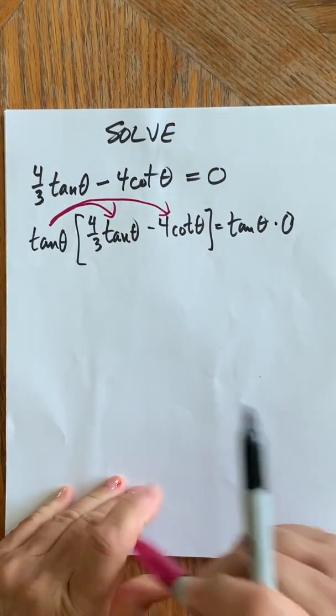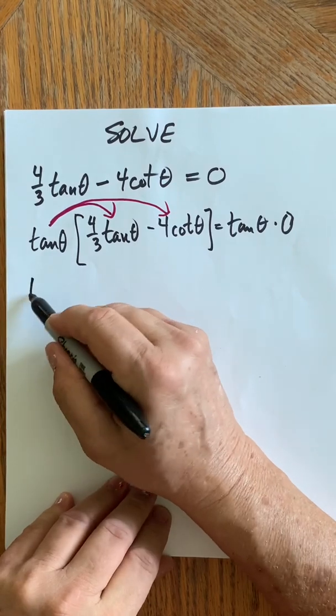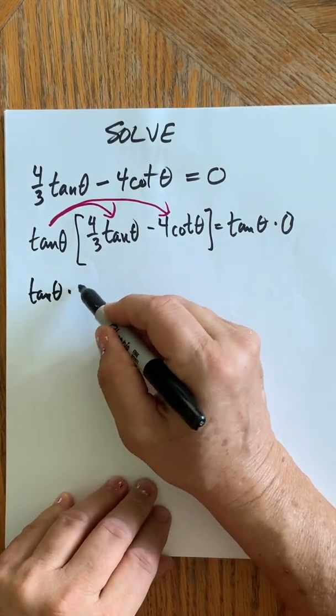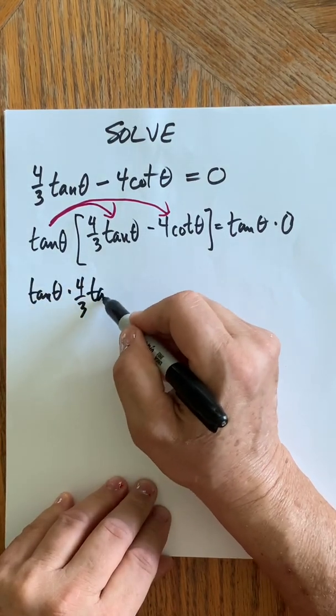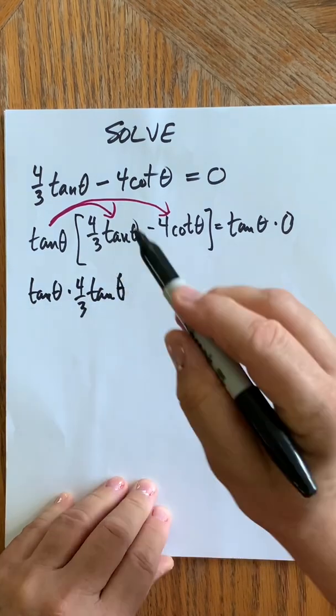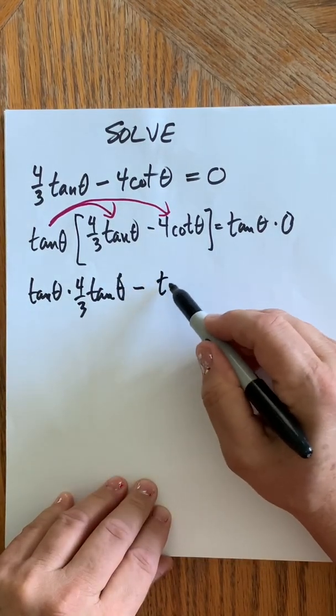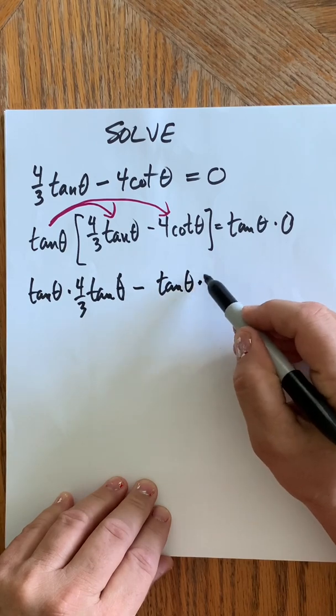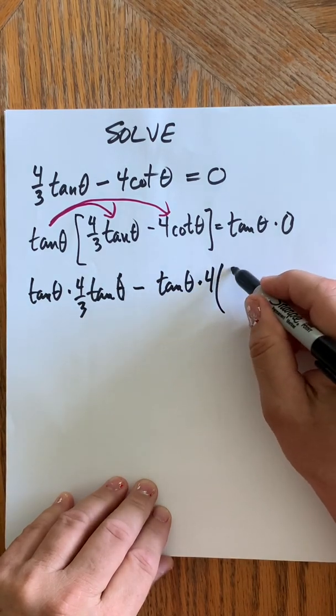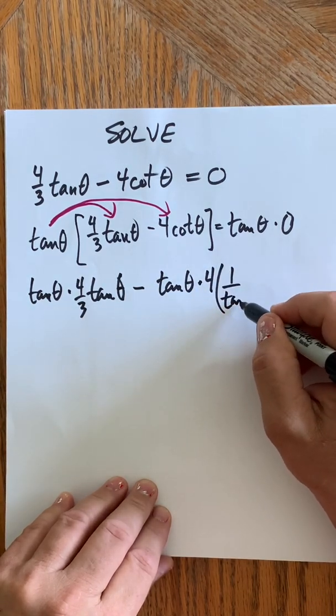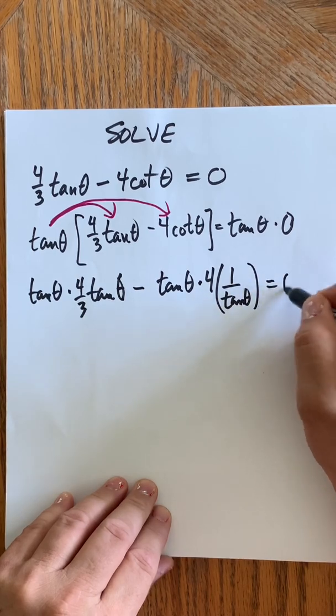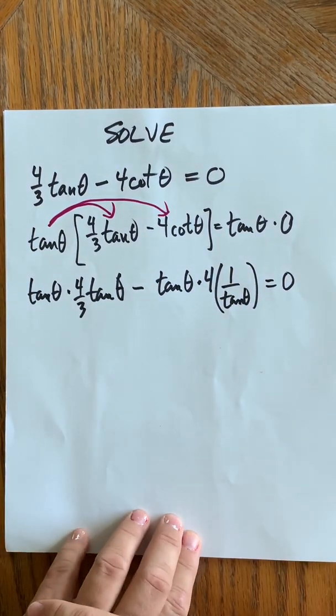The first term is tangent theta times 4/3 tangent theta. And here we have tangent theta times 4, and let me rewrite cotangent theta as 1 over tangent theta. And here you have 0, because anything times 0 is 0.